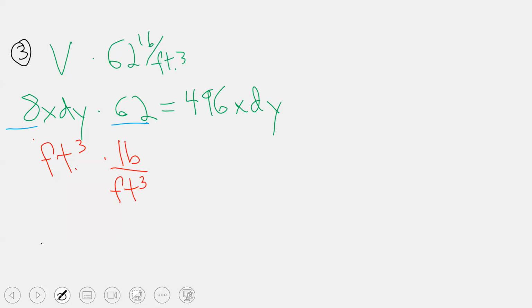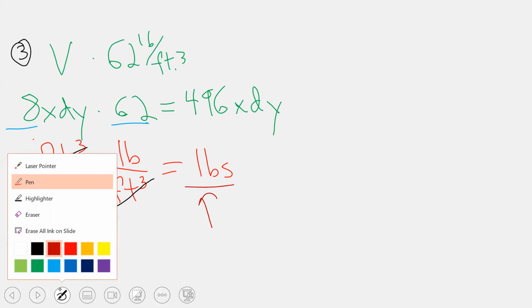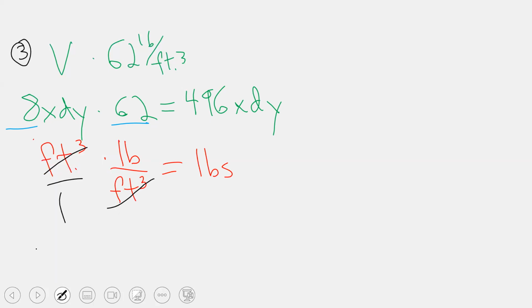And notice that when we multiply these, we can multiply the units. So I'd have feet cubed over 1 times pounds over feet cubed. The feet cubed can cancel, and we're just left with pounds. And if you've taken physics, you may know that pounds is a force measurement. Okay, so that's good because now we have something that gives us our force on that representative layer of water, which we need in order to calculate work.